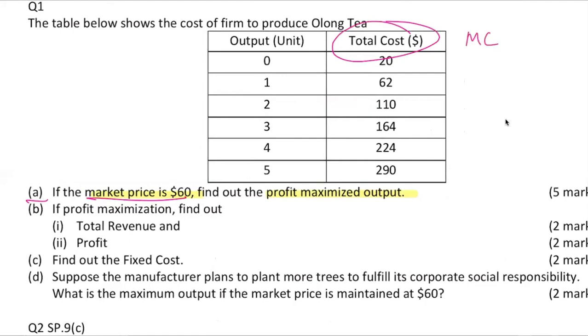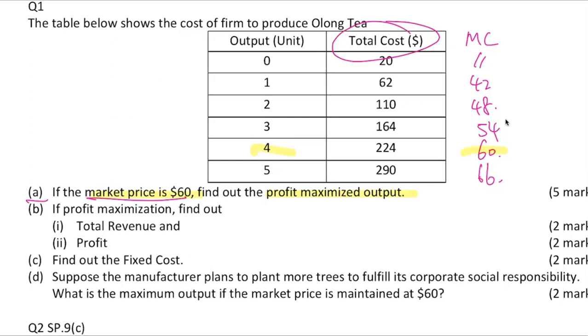We don't know the first one, the second one is 42, the third one is 48, 54, 60, then 66. Then we find the marginal cost. Then can you find the output now? 4, number 4. Good. You finished the first part. Then in part B, because this one is an exercise, the marks provided are not relevant.